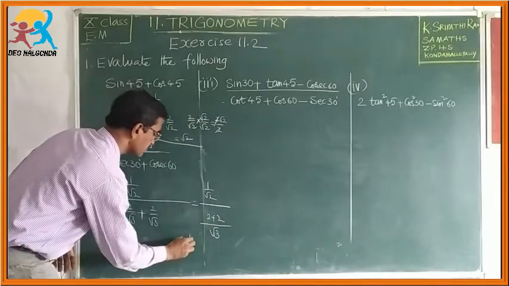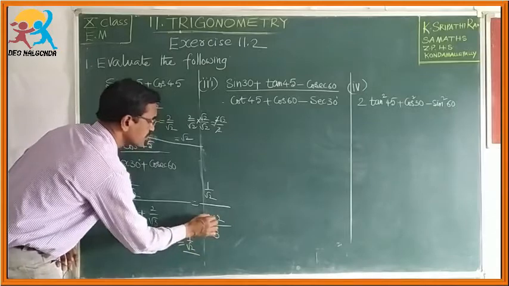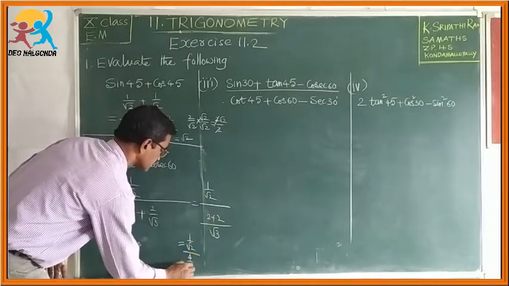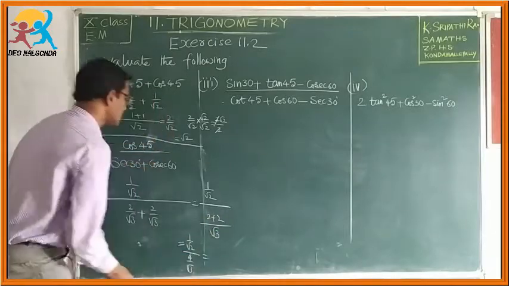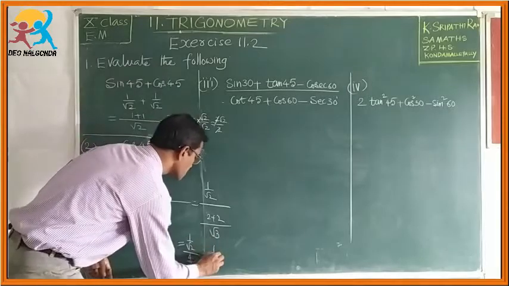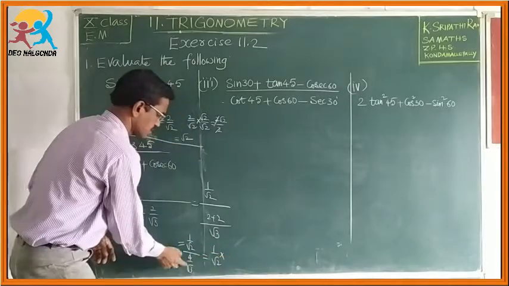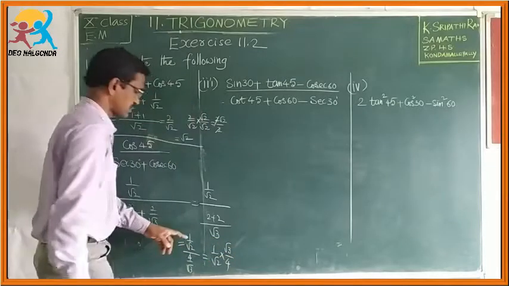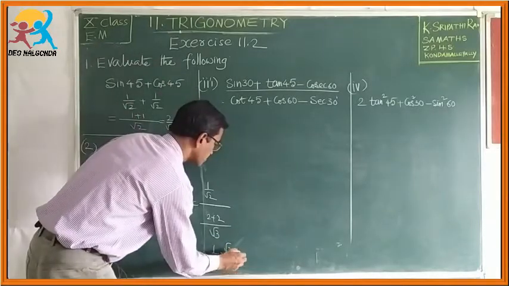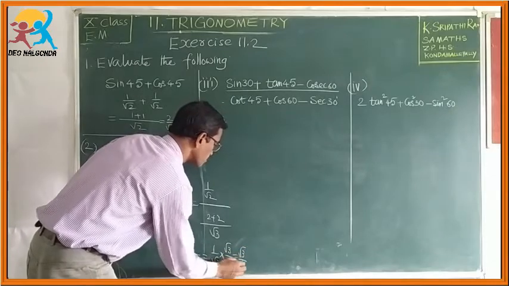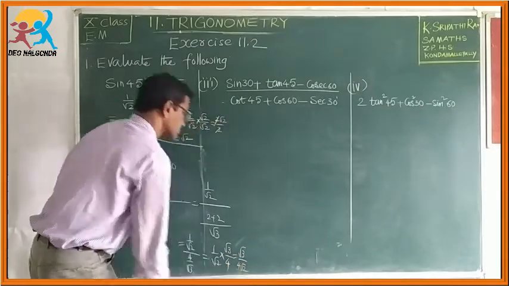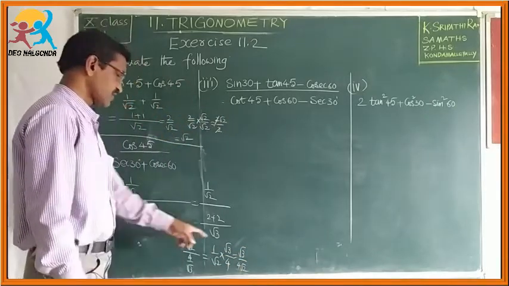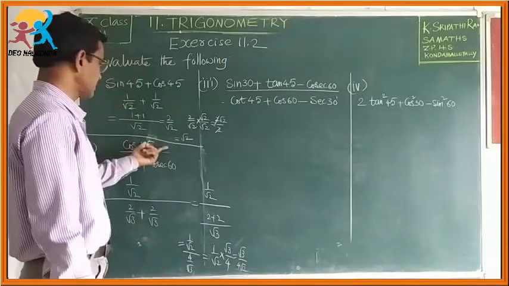Here 1 by root 2 by 4 by root 3, that is equal to 1 by root 2 into root 3 by 4, reciprocal. So, here root 3 by 4 root 2 is the answer. Root 3 by 4 root 2 is the answer for this.